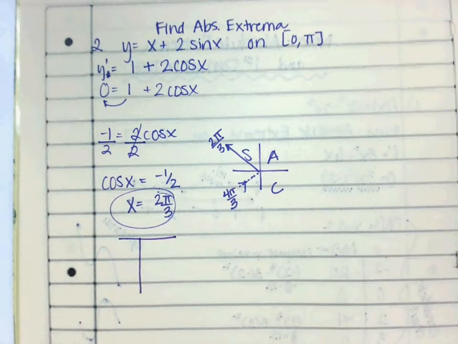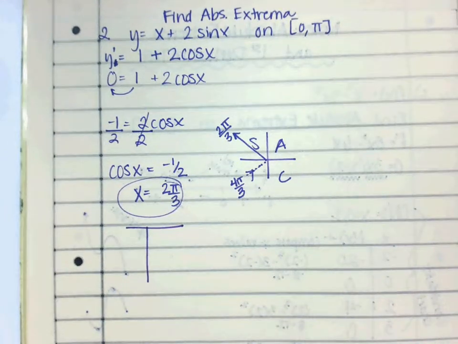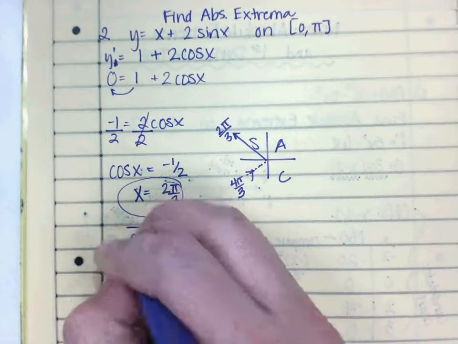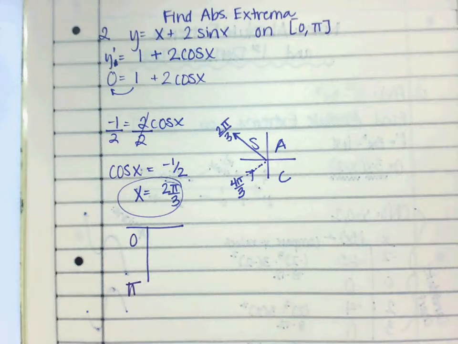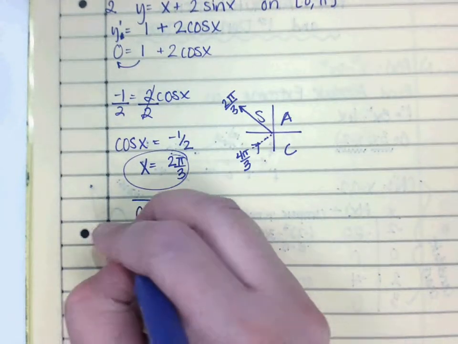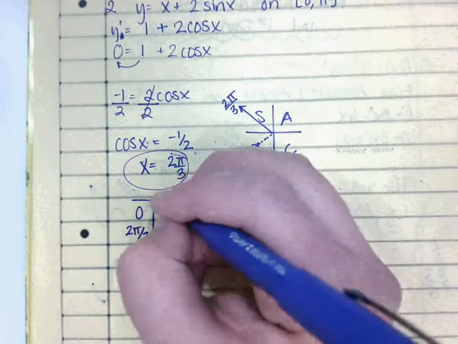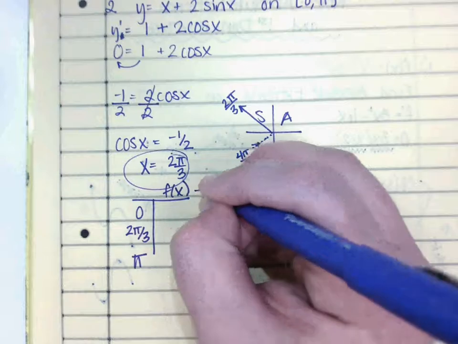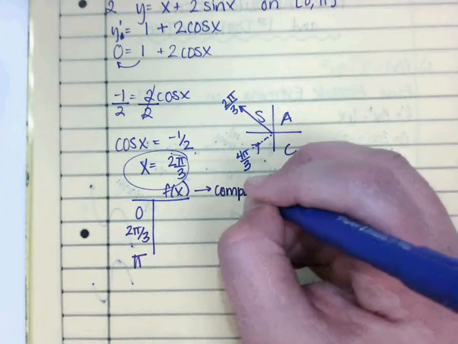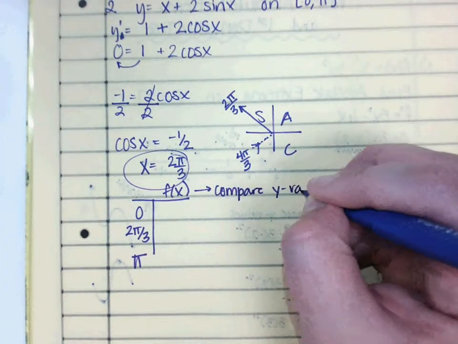What types of things go in the chart? 2 types of things. The x values of the critical numbers and the endpoints. So 0 and pi are my endpoints. And 2 pi thirds was my only critical number. What am I plugging those into, f or f prime? F of x, the original. Because remember, I want to compare my y values.